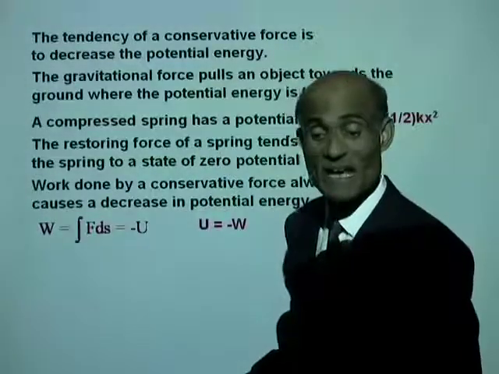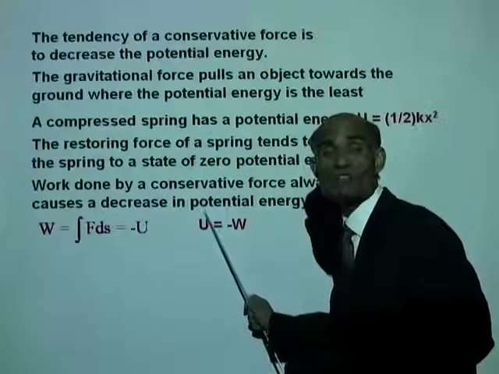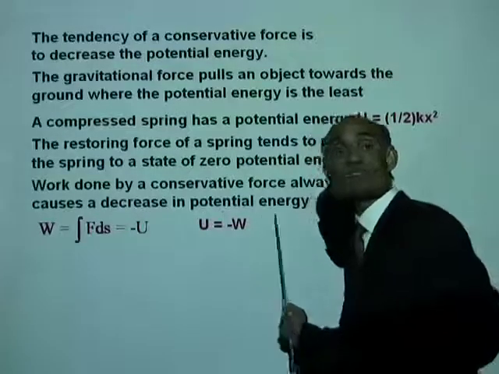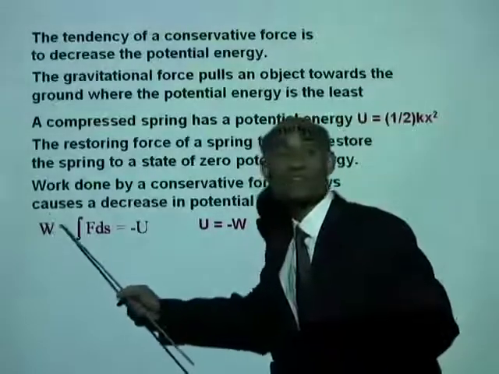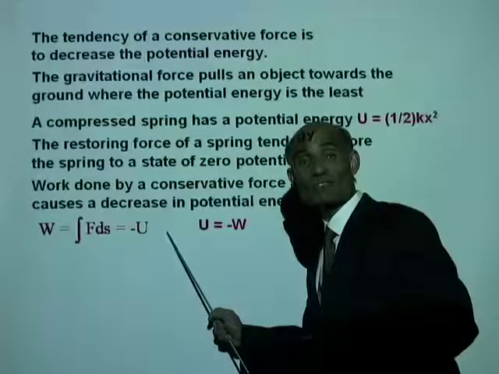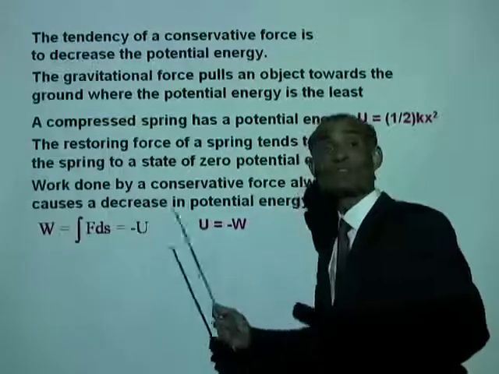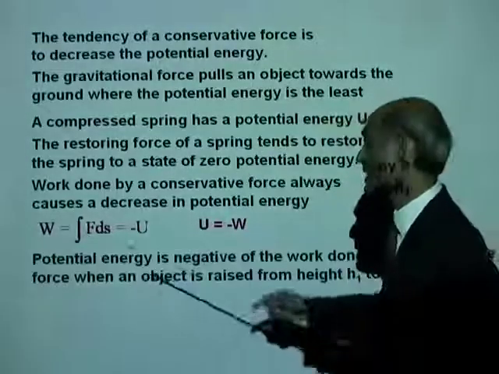Now, this is the same as saying that the increase in potential energy equals the negative of the work done. Is that right? If the work done is a measure of the decrease in potential energy, then the increase in potential energy equals the negative of the work done.